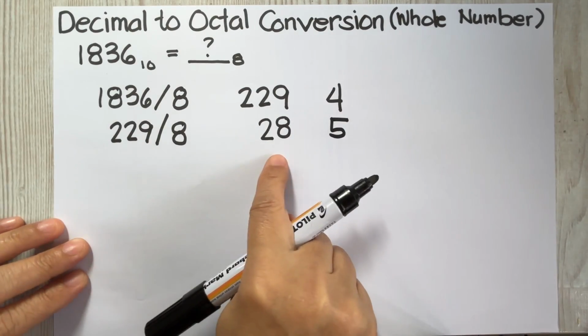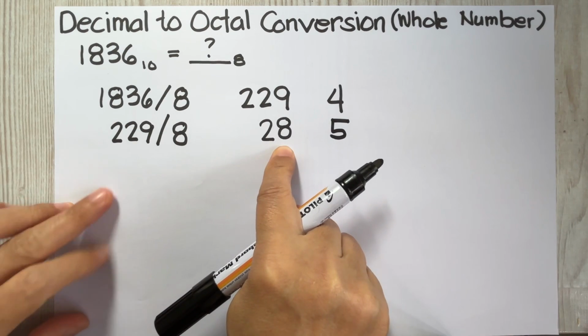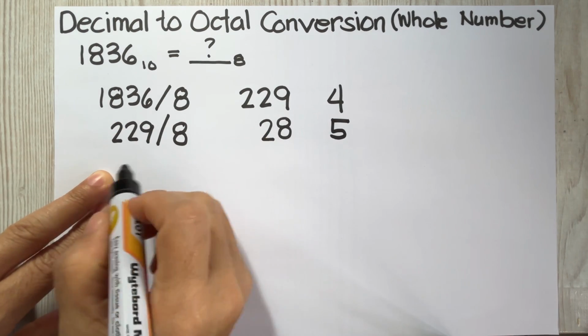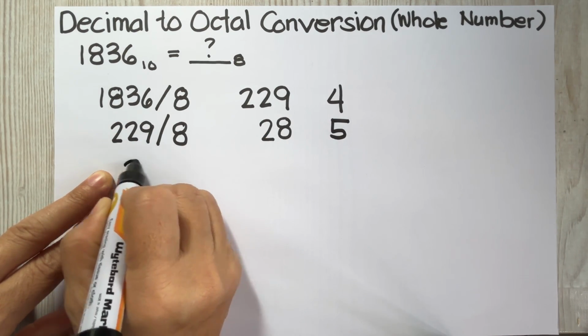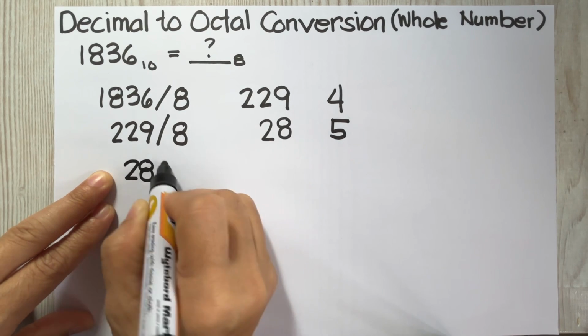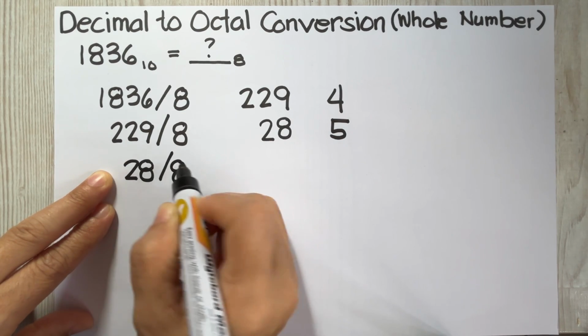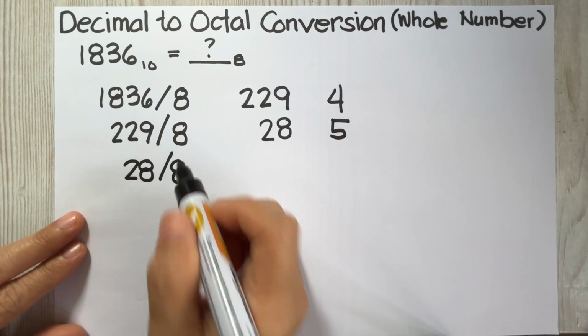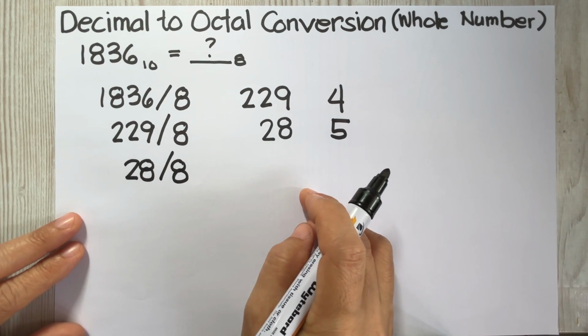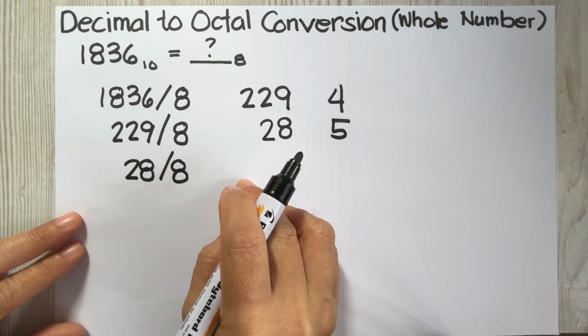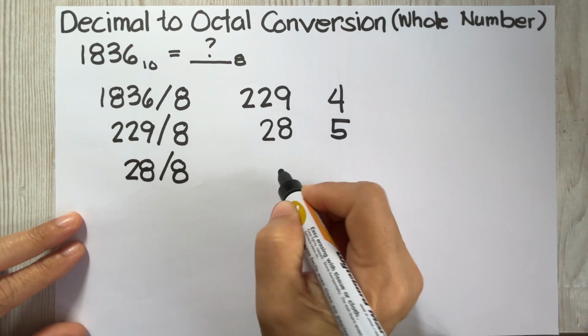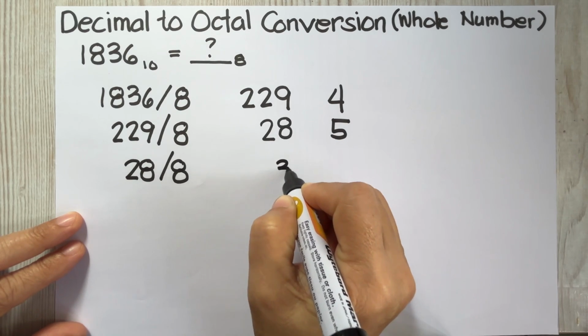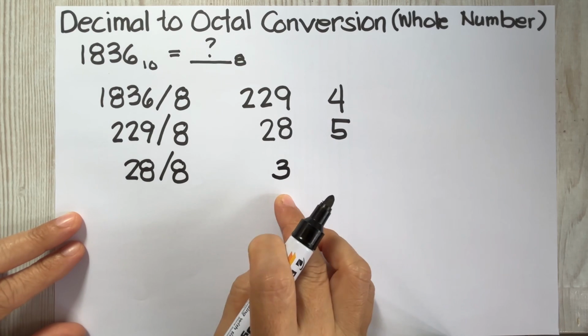Let's continue. Now we are going to divide this 28 again by 8. 28 divided by 8 is equivalent to 3.5. For the 3.5, the integral part is only 3, so we'll only note 3.